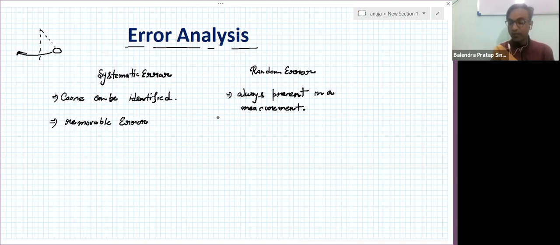Suppose you want to find the radius of this pen using vernier calipers. Every time you will get some different number, like 0.51 centimeter, and next time 0.50 centimeter. So there is a fraction of error, a very small error, every time. These are the type of error we call random error.